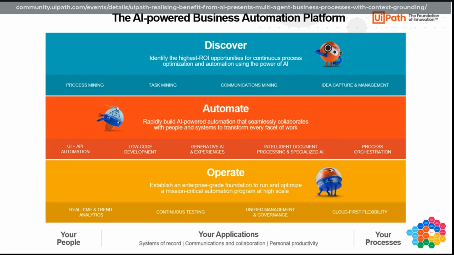Hopefully you're all aware of UiPath and the UiPath platform. If you're not, very, very high level snapshot, 3 main areas: the discovery modules, some automation modules, and what we call operate modules. And this has been around since 2015 in different guises.